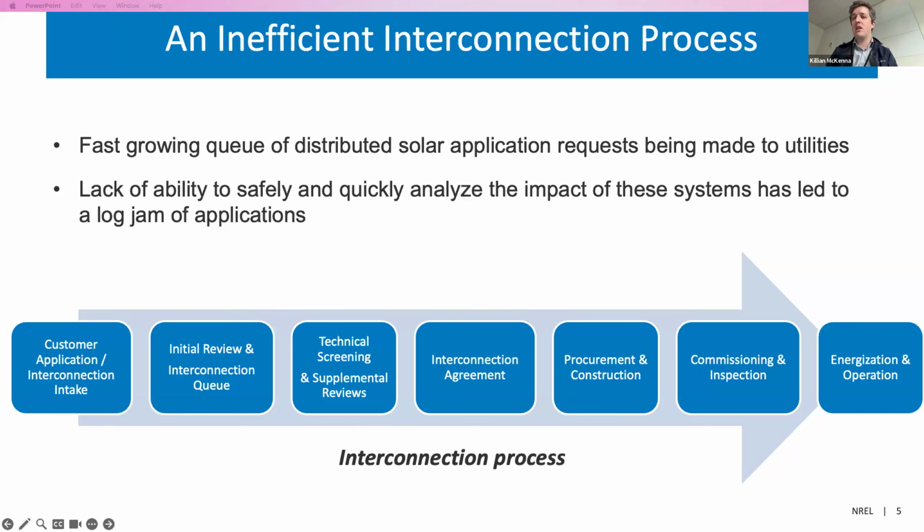Do I need to move to grid upgrades? And that's really what we're focused on here. The rest of the process, the interconnection agreement, procurement and construction, commissioning and inspection, can all get delayed because planning engineers don't have the availability to do the technical screens because there's too much of a logjam, and there's a challenge in terms of visibility.